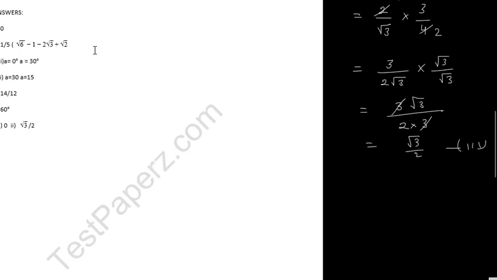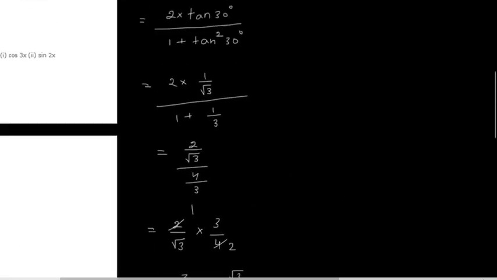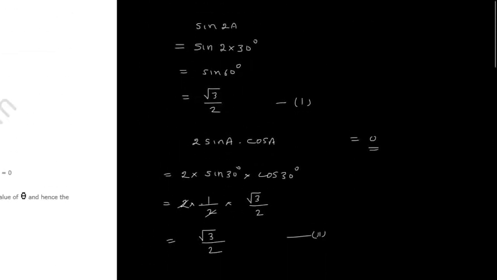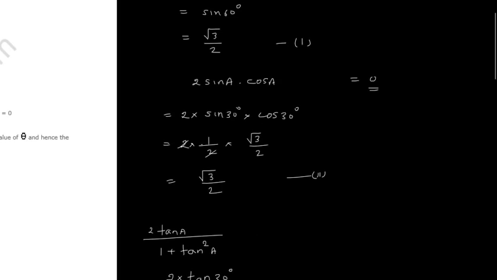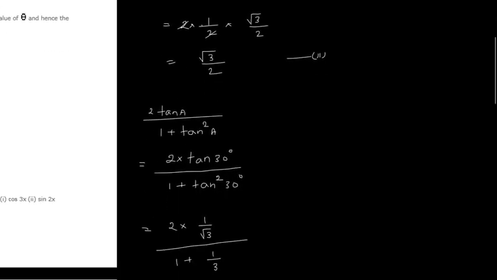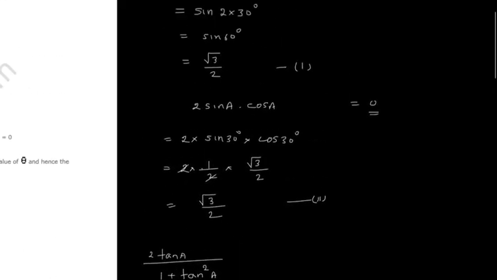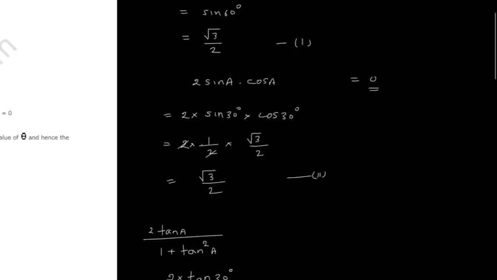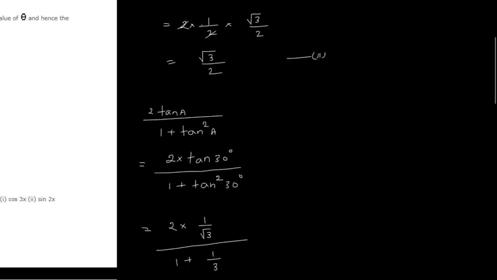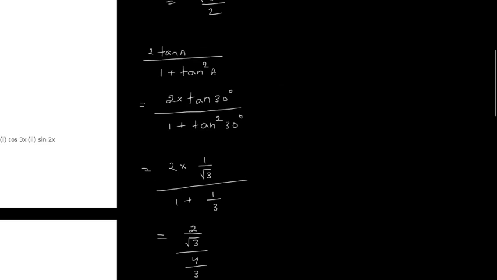So if you check equation 1 for sin 2a, we got answer as root 3 upon 2. For 2 sin a cos a, we have got answer as root 3 upon 2, and for 2 tan a upon 1 plus tan square a, we got answer as root 3 upon 2.